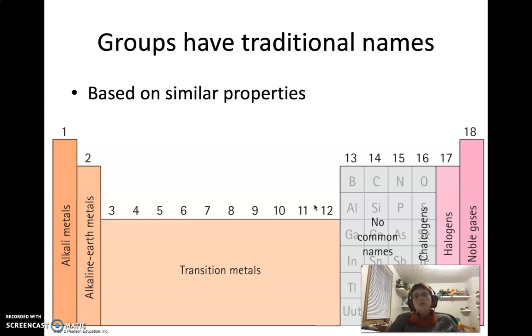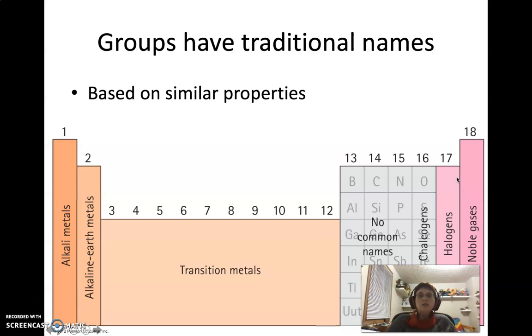Now the groups do have traditional names, and we're going to go through these different groups so I can talk to you about them a little bit. You just saw that group B is the transition metals. We're also going to talk about the alkali metals and the alkaline earth metals. 3, 4, and 5A don't have any traditional names.